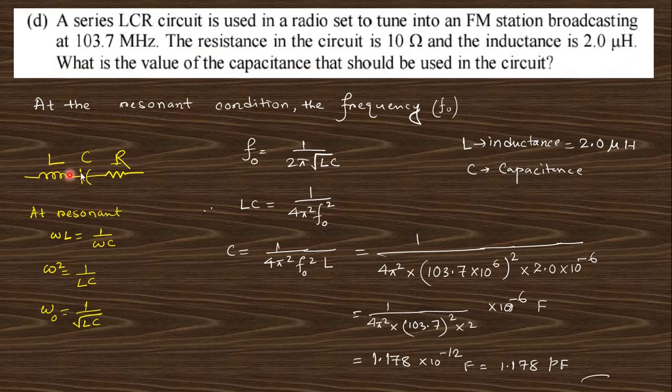You know, in this LCR circuit, the station broadcasting is used as a resonance circuit, because at resonance maximum power is transferred. That's why the resonant frequency is 1 by 2 pi root over LC. From here you can find the expression of C, and then put in the values: 4 pi square, this is the frequency and this is L, 22 micro.